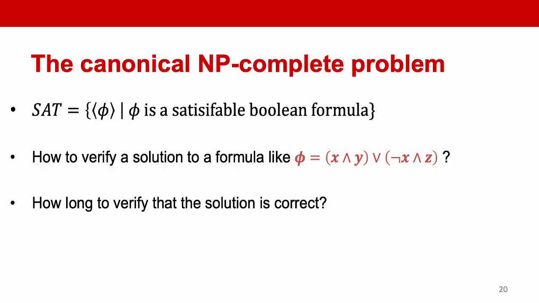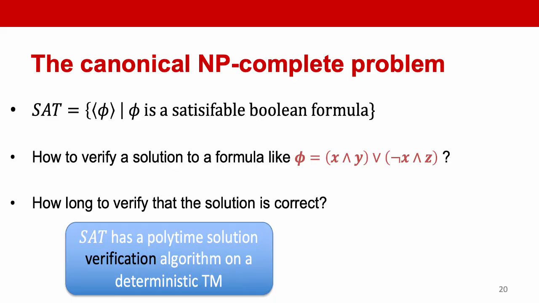So, at first glance, trying to solve a SAT problem involves calculating out the whole truth table, which is exponential. But if I wanted to verify the solution was correct, it would only take me polynomial time, because I have n many variables, and verifying that the formula phi ends up being true overall will only take me polynomial time.